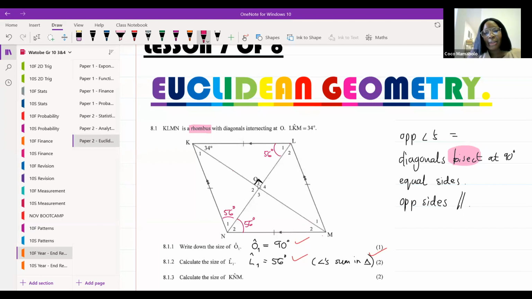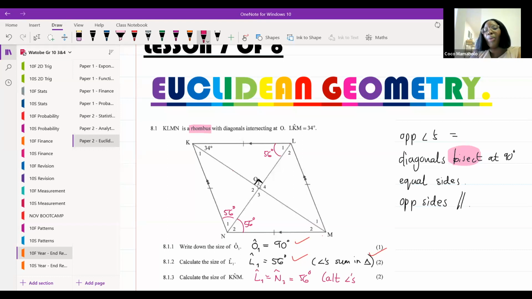Why can ma'am say that both of these are equal to 56 degrees? Not quite alternate angles. Yes, correct, Isayan, on the first part. We know that L1 is equal to N2, which is equal to 56 degrees, 100%, and that's alternate angles.